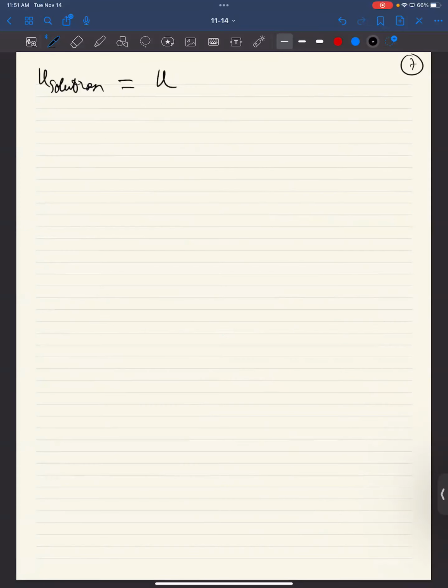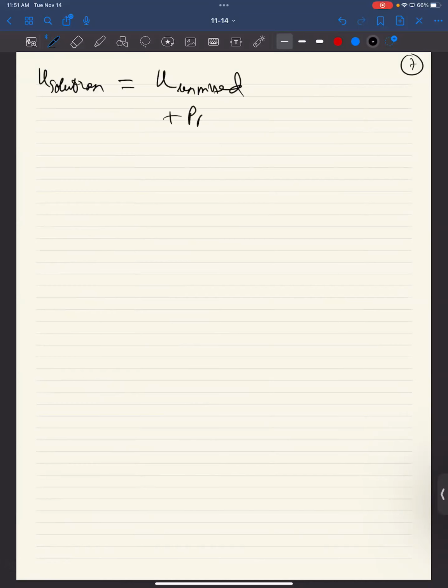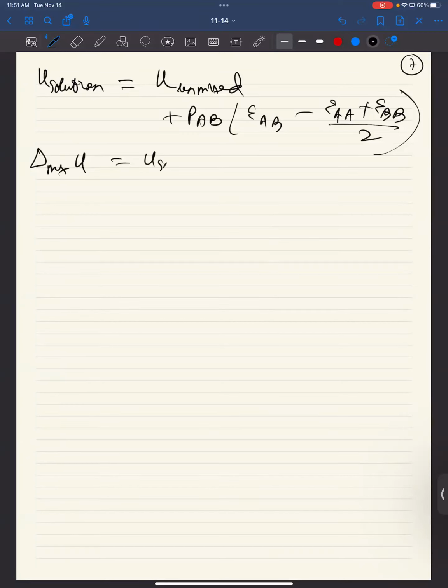So U solution is equal to U unmixed, because all of that is U unmixed, plus PAB times epsilon AB minus epsilon AA plus epsilon BB by 2. So now we can write down our delta U mixing, right? Delta mixing of U is equal to U solution minus U unmixed.